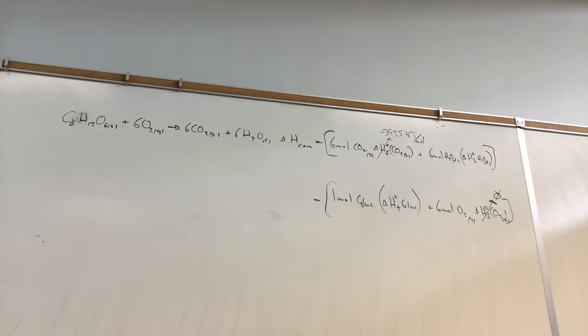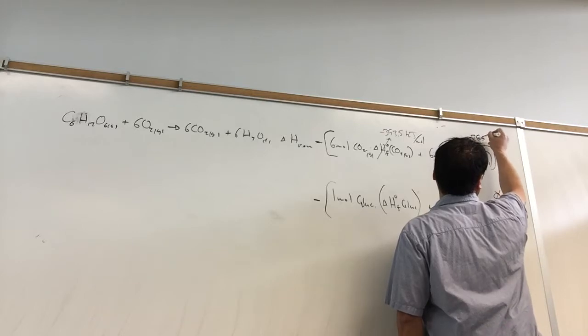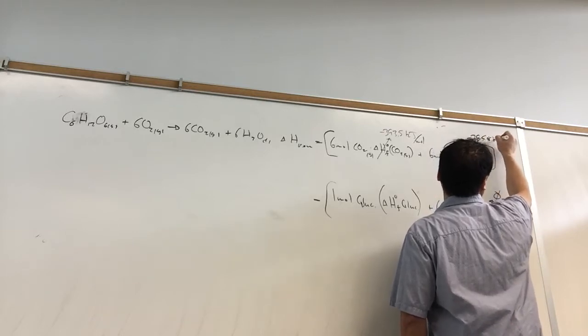So we go to water. H2O liquid is minus 285.8. H2O gas is minus 241.8. There's 44 kilojoules of difference between liquid and gas. We're going to liquid, so it's minus 285.8 kilojoules per mole.